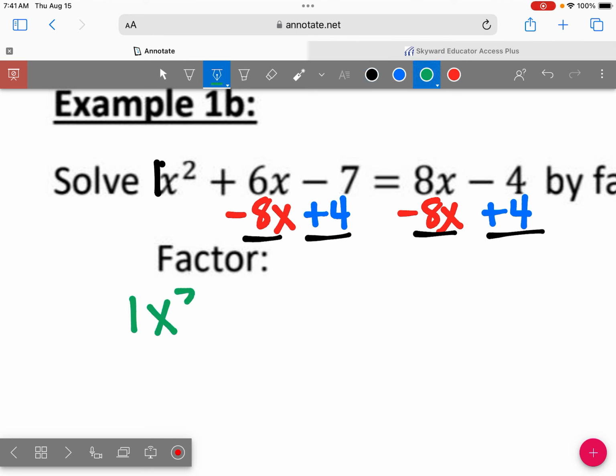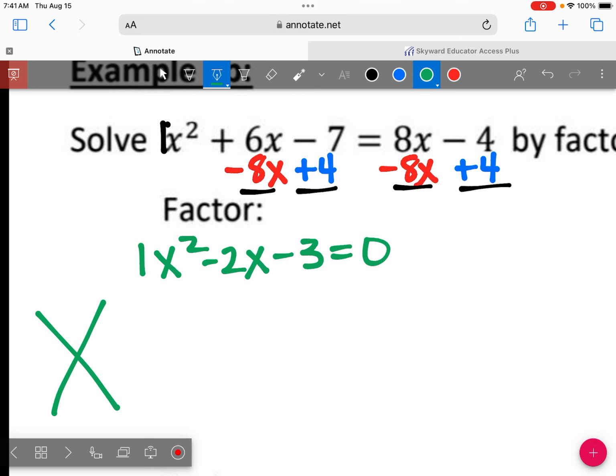we get 1x squared. And then what do you get here? What is 6 minus 8? If you're not sure, use your calculator. 6x minus 8x. Negative 2x. And then negative 7 plus 4. Negative 3. So now this equals 0. So we're ready to factor.